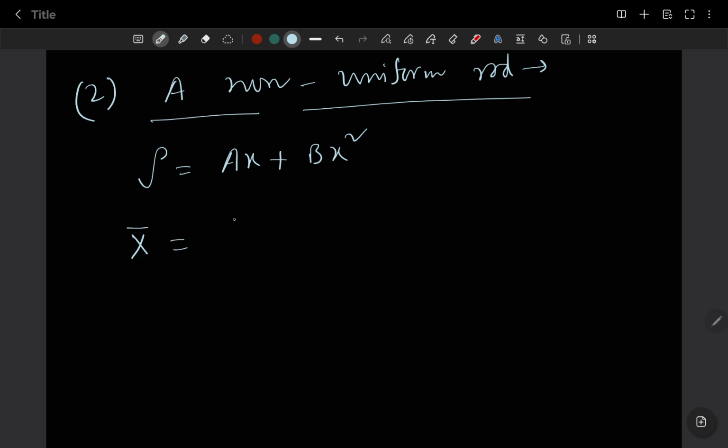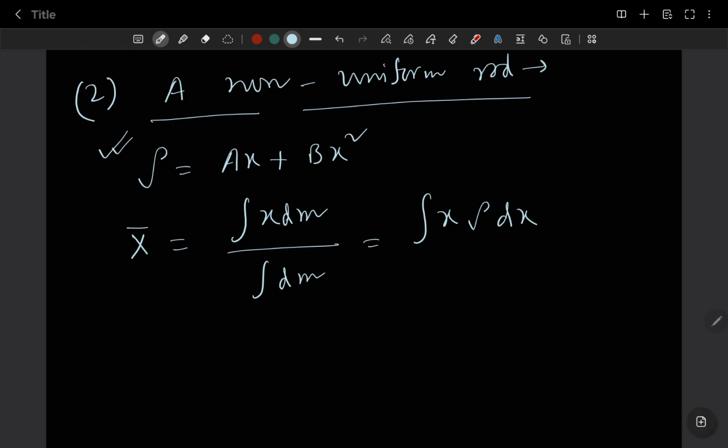So x bar, we know, is the integral of x dm by the integral of dm. Now dm can be written as rho dx. Here density means, for the rod, mass per unit length, that is dm by dx. So dm will be rho dx, divided by the integral of rho dx.